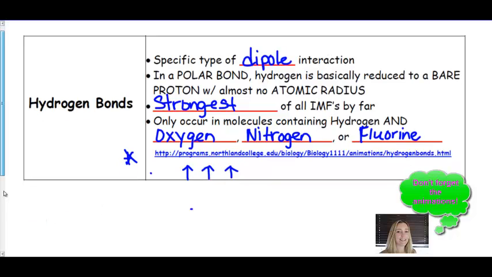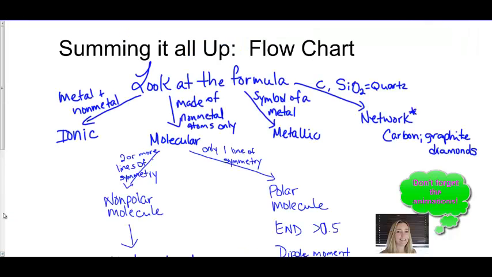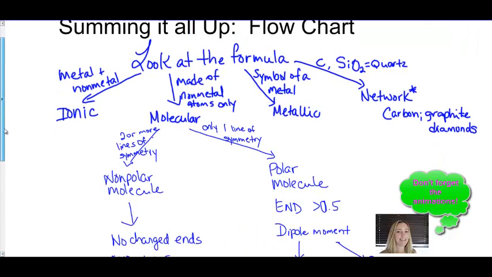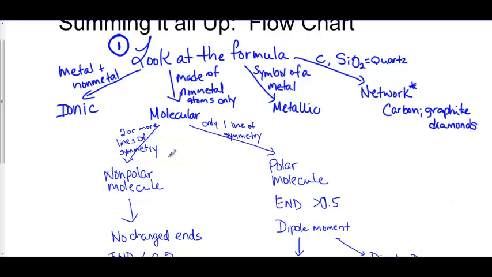So lastly, we're going to sum this all up, and we're going to look at a little flow chart, and you do need to put this at the end of your notes somewhere. So first you're going to look at the formula. Step number 1. Look at the formula. If it is made up of a metal and a nonmetal, it's going to be ionic.